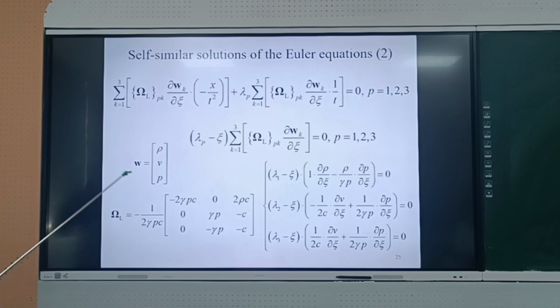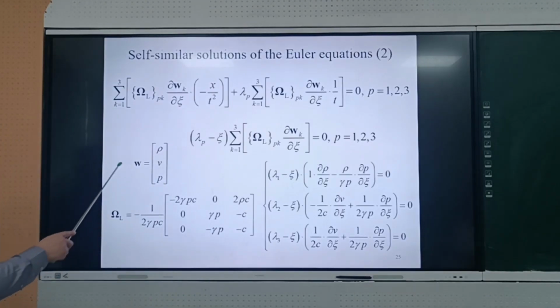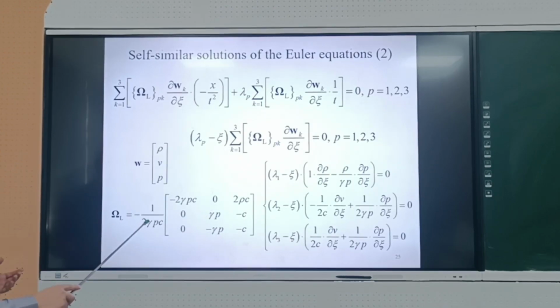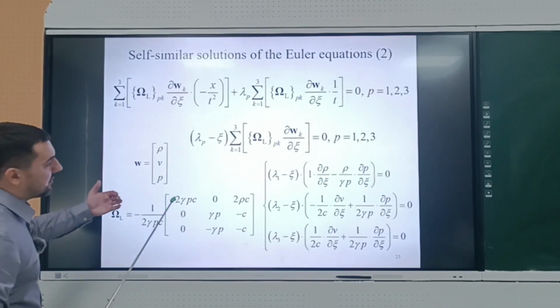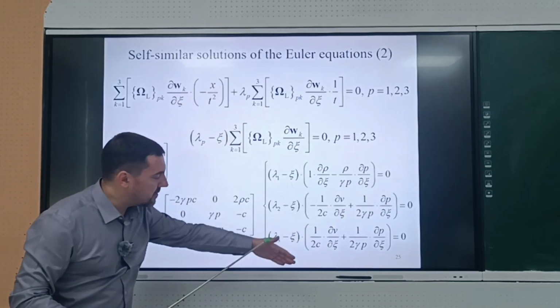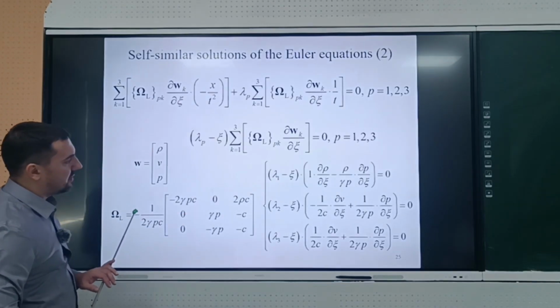So we want to find self-similar solutions. They are defined by this condition. Once again, what does it mean? W is rho, V, p, and omega L is the matrix of left eigenvectors. We can specify this general form in component-wise form. So all self-similar solutions should satisfy this system, and we can see the following structure.